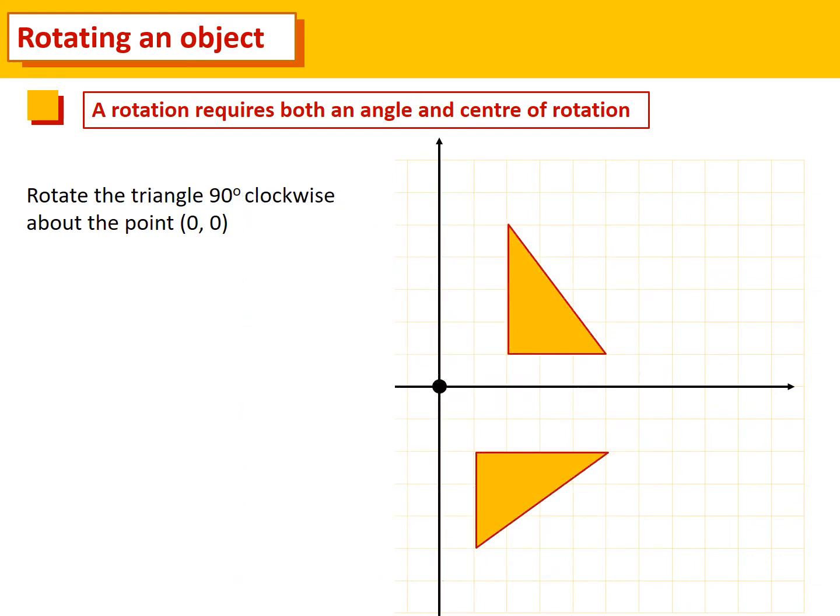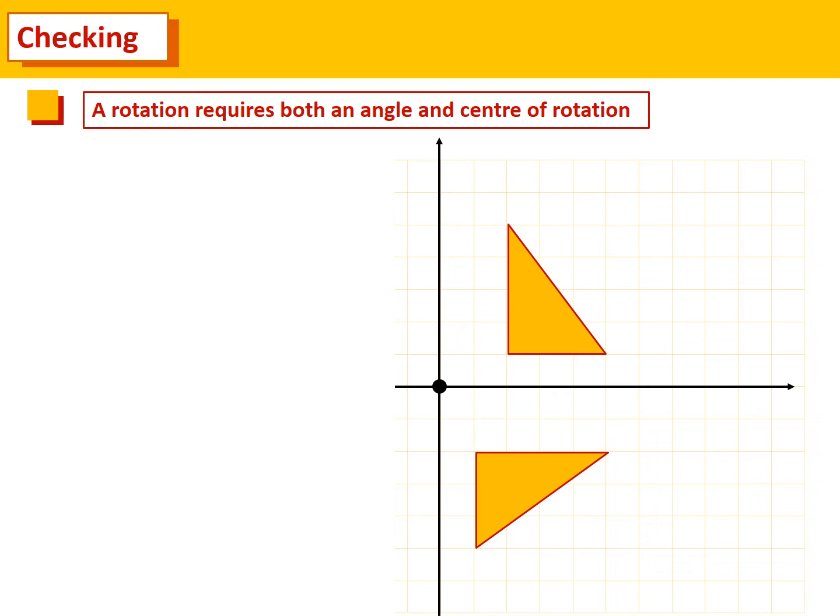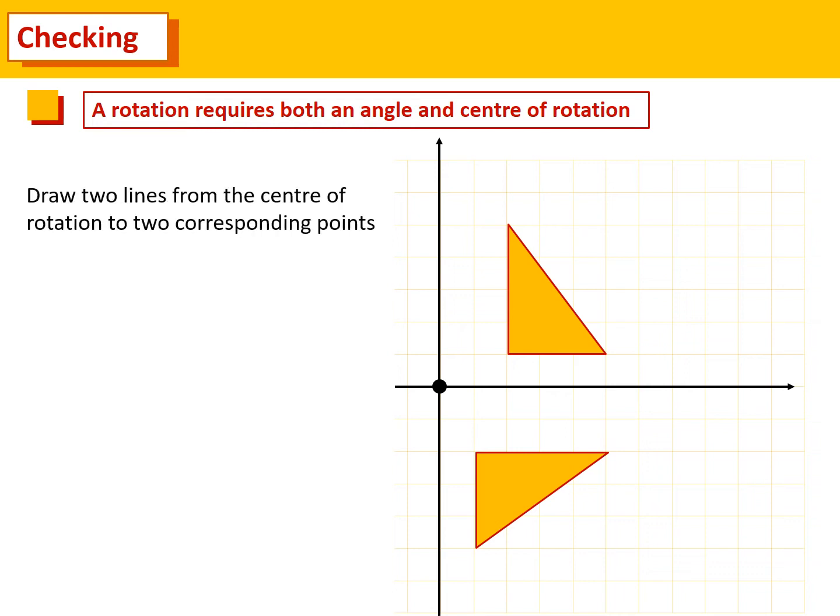And we remove the tracing paper, draw our triangle onto the diagram, and we've rotated it 90 degrees clockwise about the point 0, 0. Once we have done this, we can actually check that we've done this accurately. If we draw two lines from the center of rotation to corresponding points, so we pick one of the points on the original triangle and draw a line from the center of rotation to that point.